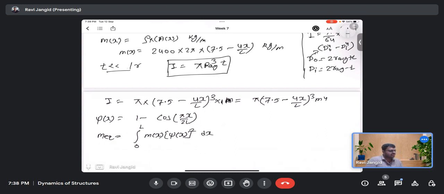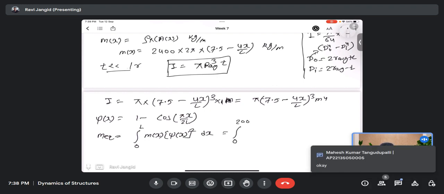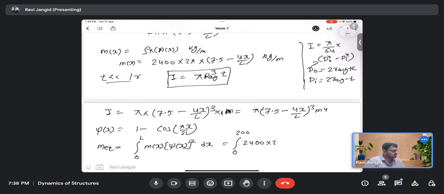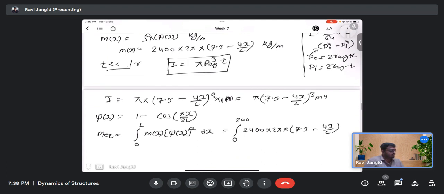Is it okay? Did you remember this formulation? So 0 to L is 200, mx is given as 2400 times 2 pi into 7.5 minus 4x by L, and it is multiplied by 1 minus cos pi x by 2L square into dx.